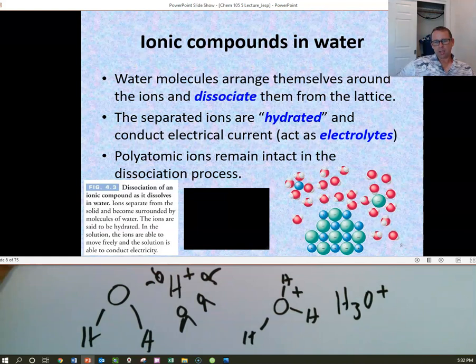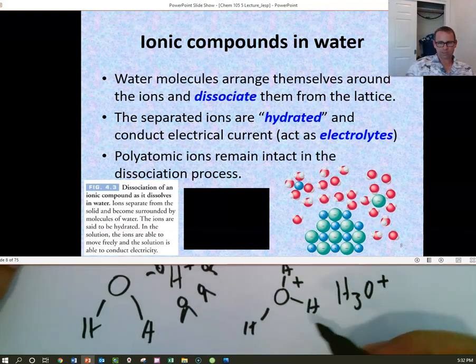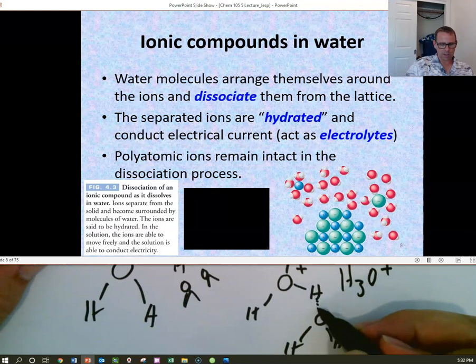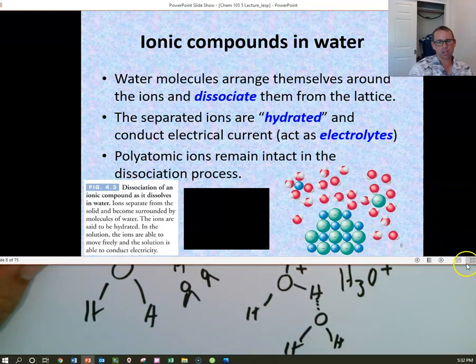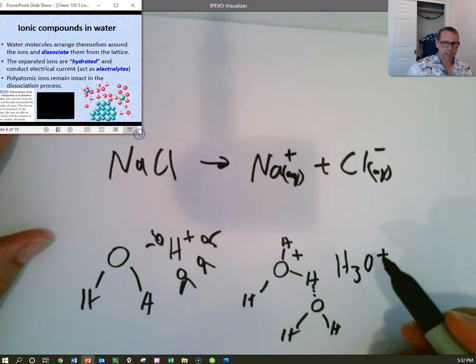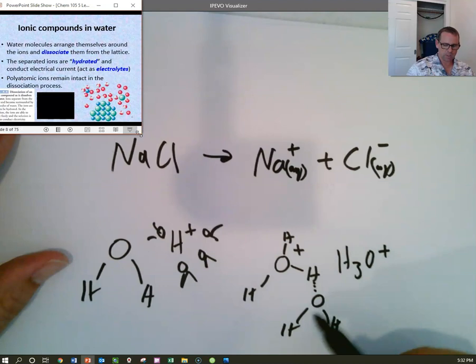This polyatomic ion, though, is short-lived, because as soon as that happens, a neighboring water molecule comes along and will pull that third hydrogen off and will become H3O+ itself.